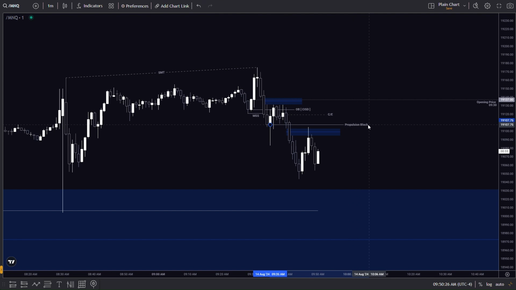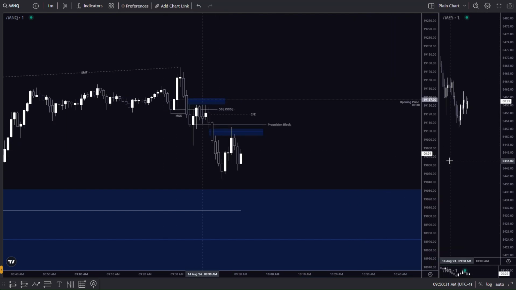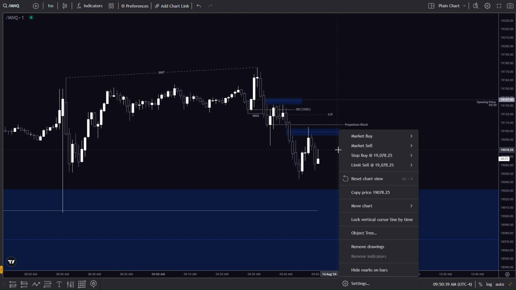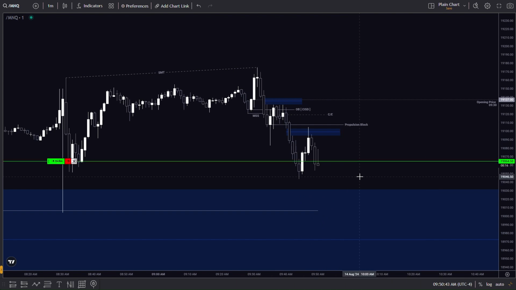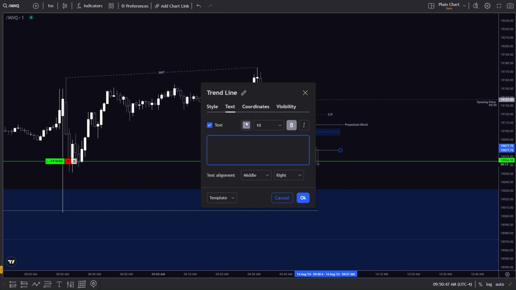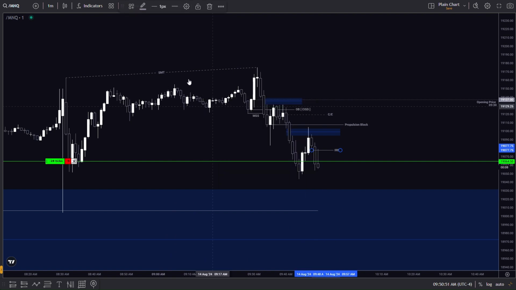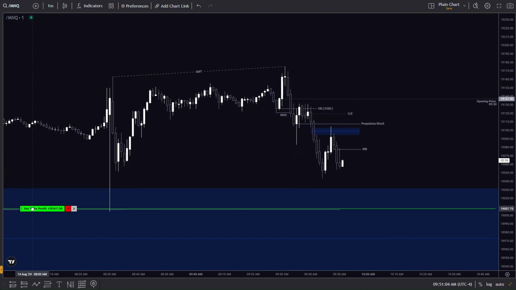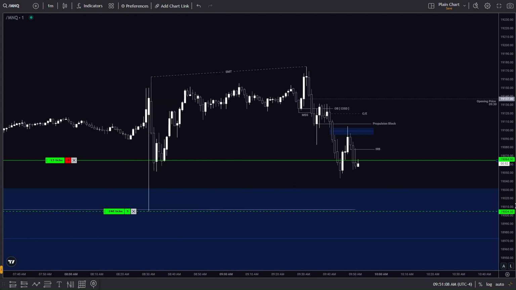All right, so I will be looking to take a trade targeting this low. And I'm going to enter my short position because this right here is our immediate rebalance. And then we should attack these relative equal lows down here.